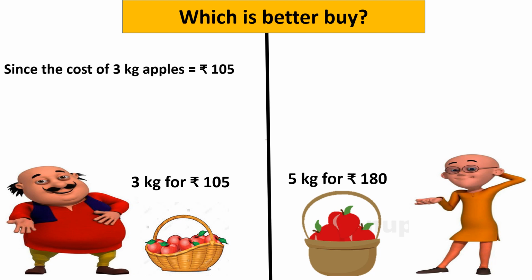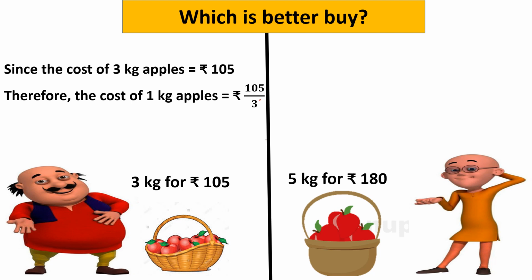Since the cost of 3 kilogram apple equals rupees 105 for Motu, what is the cost of 1 kilogram apples in this case? Let us divide, because we know that whenever we need to find out the cost of 1, we need to divide. So 105 divided by 3, and we can easily cut this.